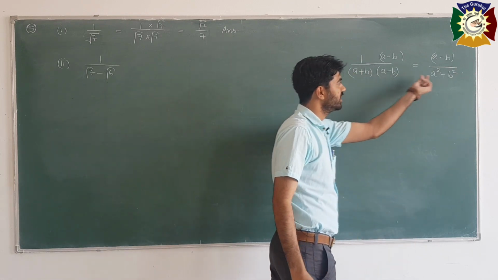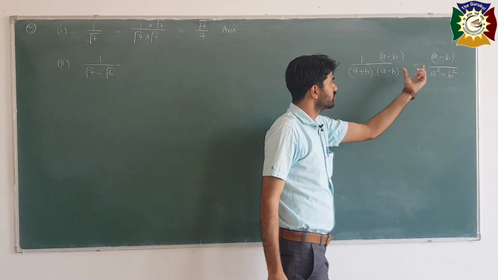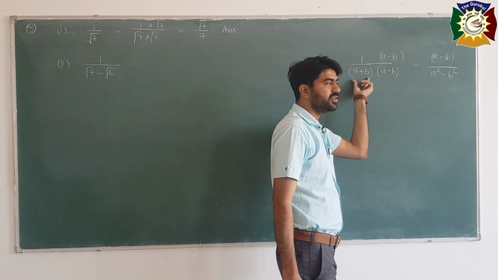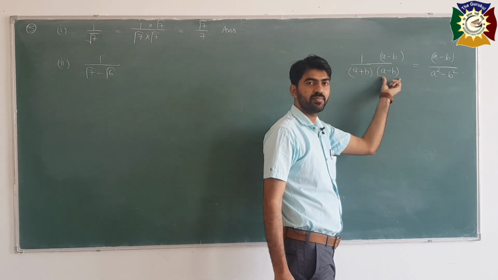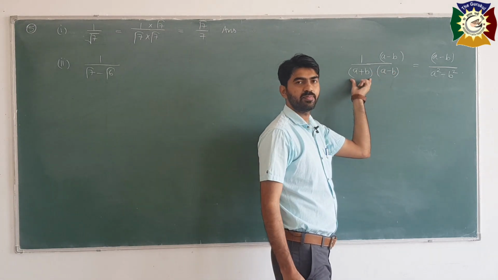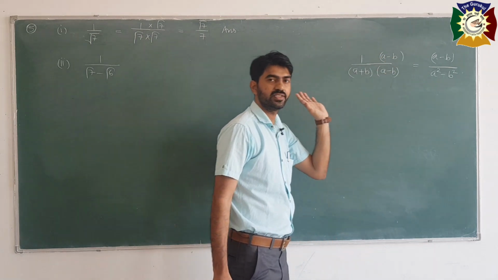A plus b into a minus b is equal to a square minus b square. So we have to make this identity. If a plus b is given, we will multiply by a minus b. If a minus b is given, we will multiply by a plus b, to numerator as well as denominator.